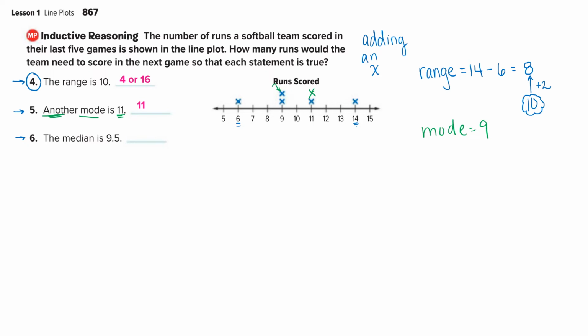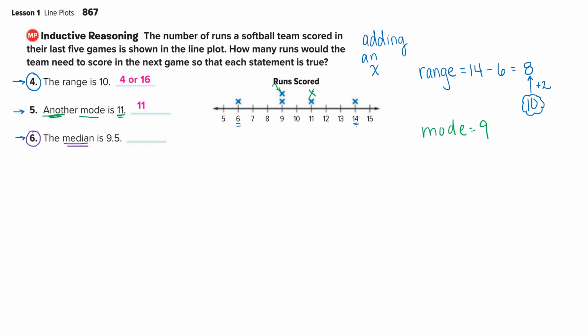Next, question number 6. The median is 9.5. And I need to be honest with you, I actually solved this problem and I read that really quick and I thought that it said mean. So I calculated everything for mean and then I had to go back and redo it because then I realized it was actually median, which actually makes our life a little bit easier.